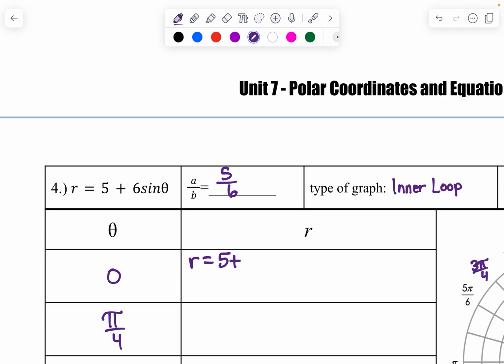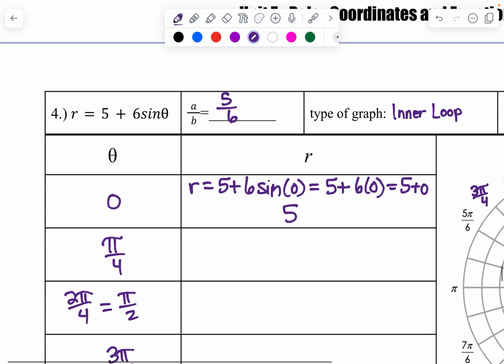So 5 plus 6 times the sine of 0. We know the sine of 0 is 0, so it's really just 5 plus 0, or 5. If we plug in pi fourths, again, we're going to approximate the sine of pi fourths as 0.7.